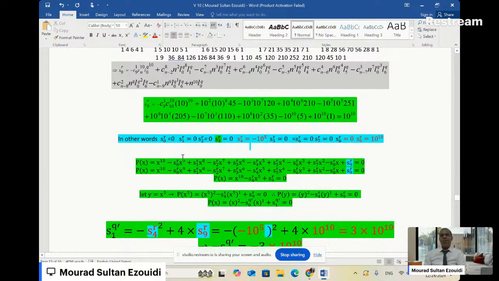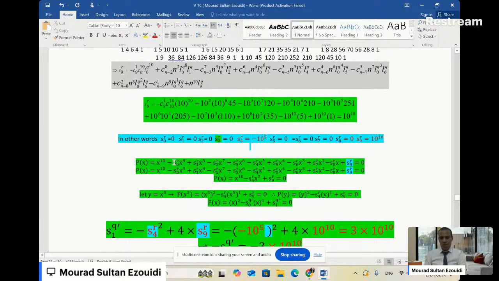Means here, if I'm going to write my 10th Newton equation, relative to the original 10th Newton equation, it has to be written as that: x raised to the power 10 minus s0 for the x9 plus s1 for the x8 minus s2 for the x raised to the power 7 plus s3 for the x raised to the power 6 minus s4 for the, this is different to 0, x raised to the power 5 plus s5 for the x raised to the power 4 minus s6 for the x cubed plus s7 for the x squared minus s8 for the x plus s9 for the equals 0.